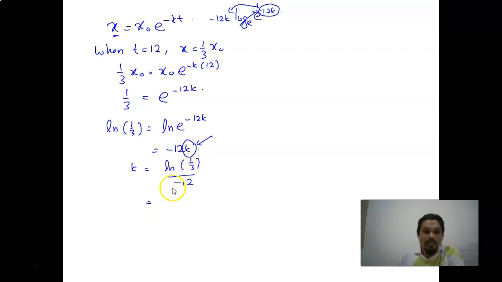You may recall, press the buttons on your calculator to make this form of a function: natural log of 1/3 divided by negative 12.